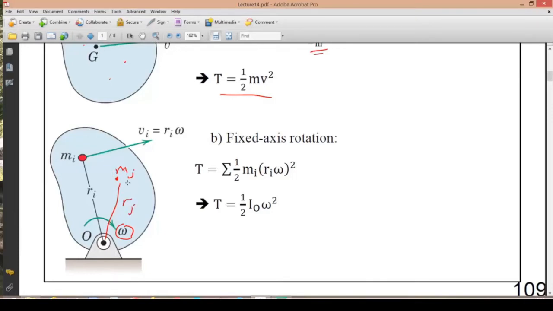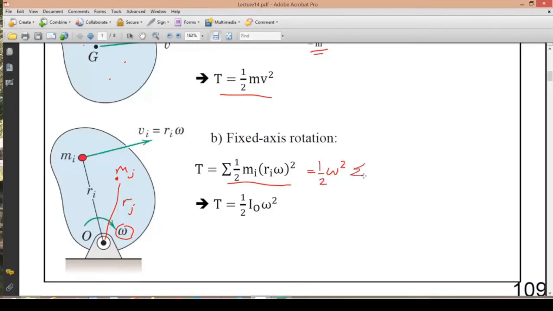And the kinetic energy for this discrete part of this rigid body will be calculated as 1 over 2 m_j r_j times omega squared. Or in these terms, we can add up all the terms. And if I rewrite this equation, because omega is the same for all the particles, I can take it out of the summation, and there we will have 1 over 2 omega squared.